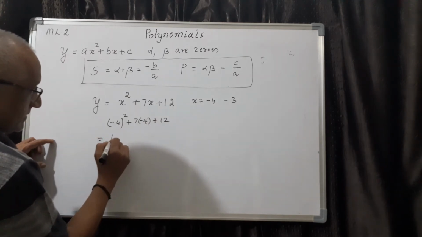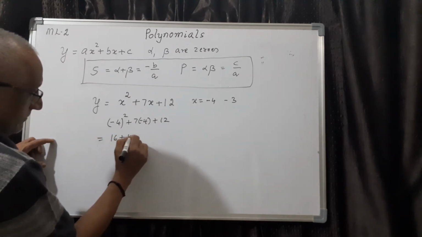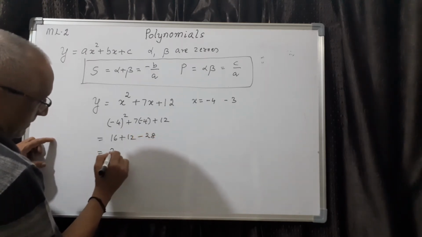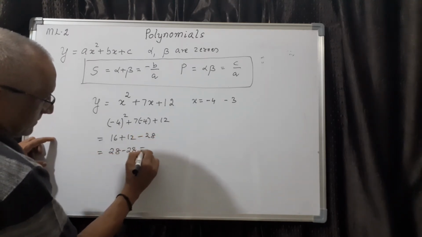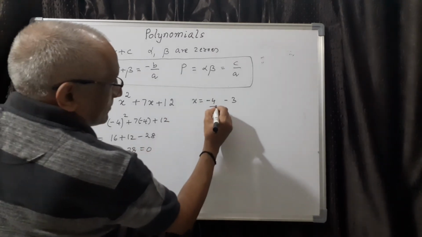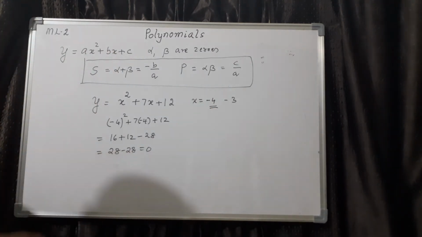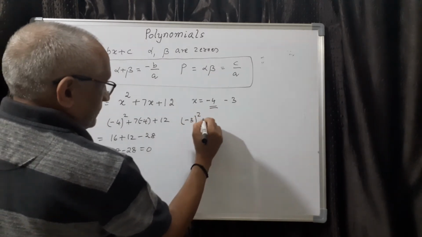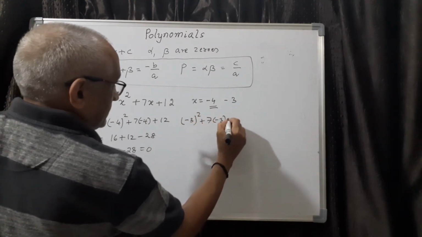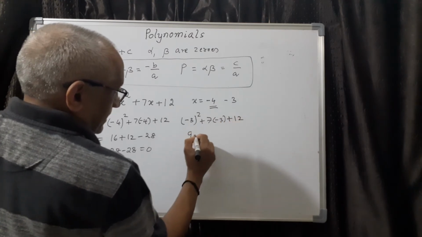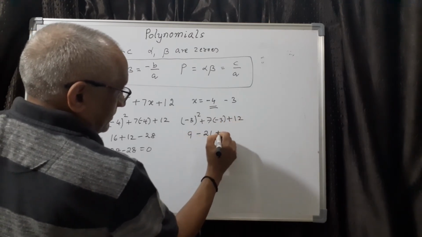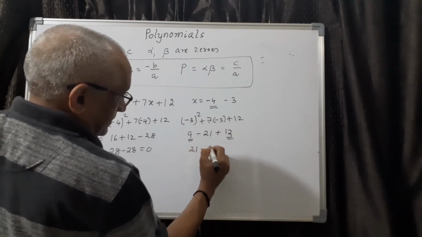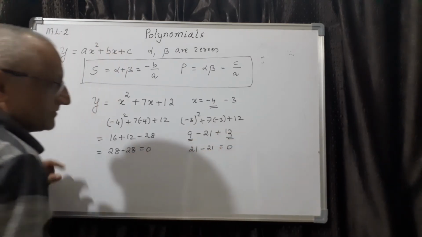This is 16 plus 12, these two are positive, minus 28. So this is 28 minus 28, this is 0. Therefore x equal to minus 4 is a zero. Similarly, you take minus 3 square plus 7 into minus 3 plus 12. This is 9 minus 21 plus 12. 9 plus 12 is 21 minus 21, once again 0.